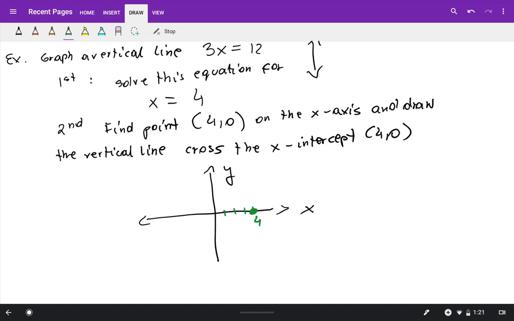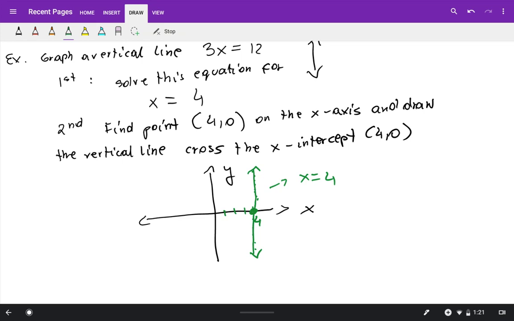That's the x-intercept of the vertical line, and you draw the vertical line which crosses the point 4 comma 0. So this is the graph of x equals 4. Every single point on this line is a solution of that equation, and every single point on this line has the same x coordinate.